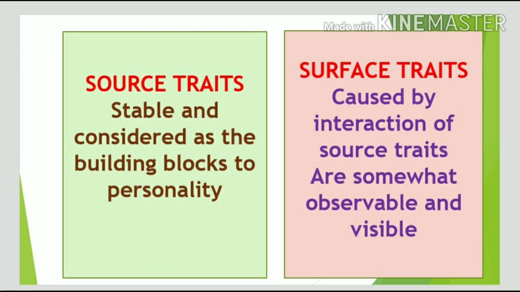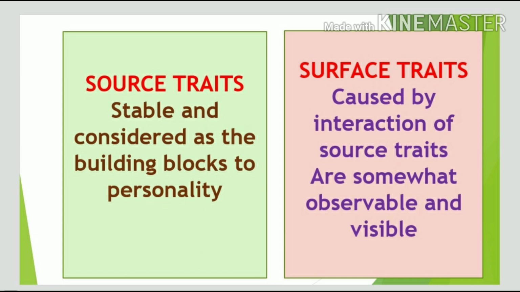For example, a person who is known for his altruism. Now altruism here is his surface trait. Alright. So being altruistic would be a surface trait, while the source traits that comprise this would be unselfishness, not being greedy, sharing and thoughtful. Means these source traits will combine to make a surface trait, that is altruism.